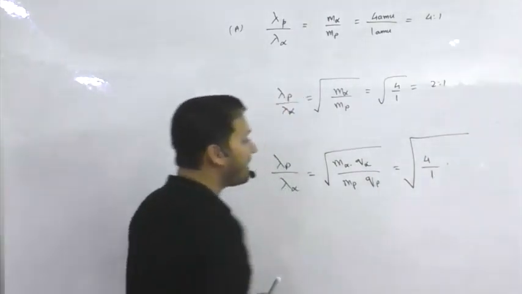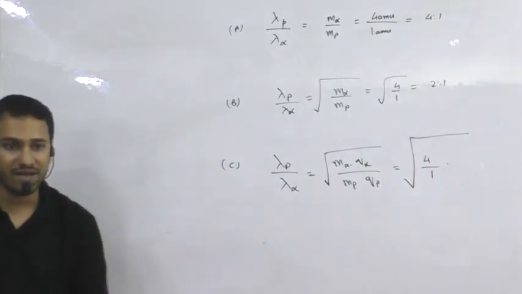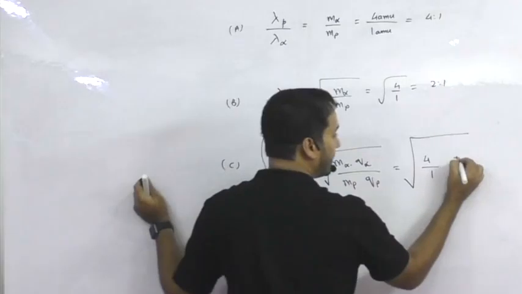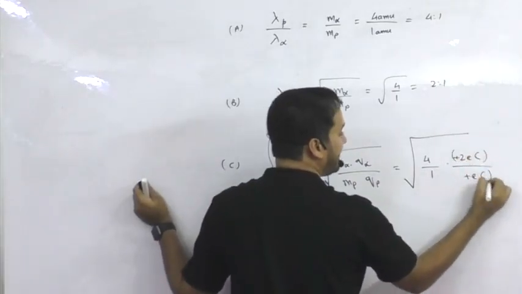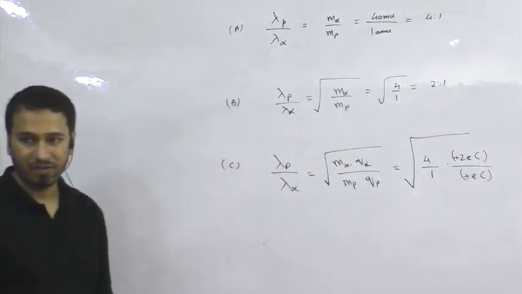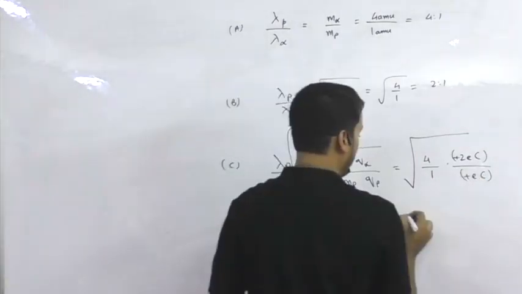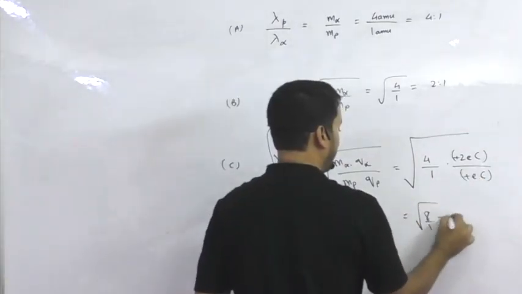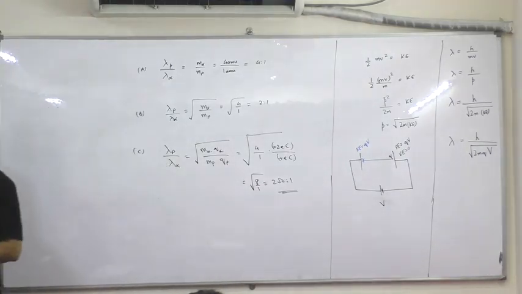What is the charge of an alpha particle? Plus 2. An alpha particle is a doubly charged helium ion, so the charge is plus 2e coulombs. And how much is the charge of a proton? Plus e coulombs. So this is 4 into 2, 8 by 1. This is square root of 8 by 1, which is 2 root 2 is to 1. Okay, now number 4.